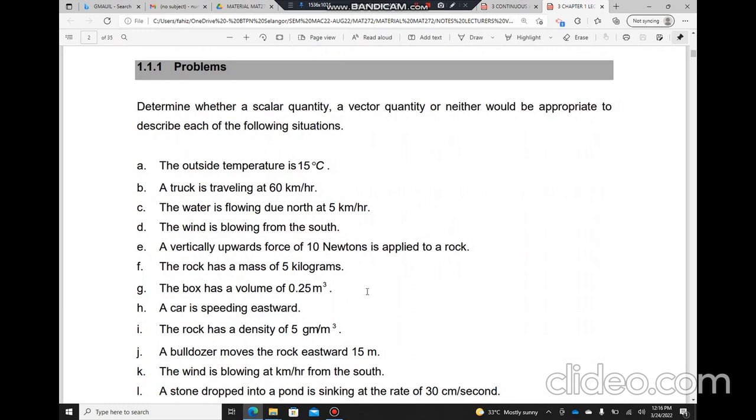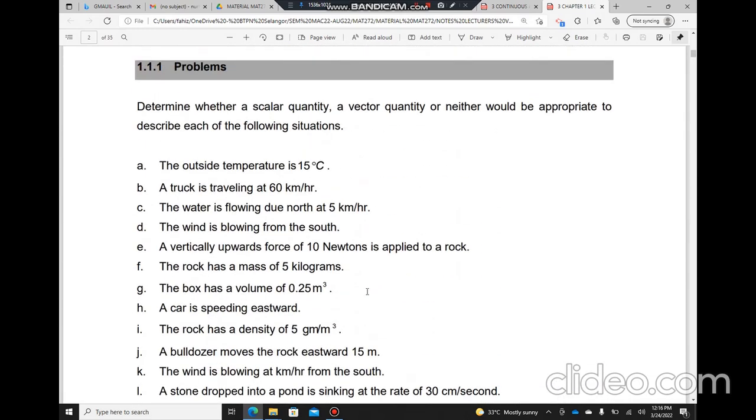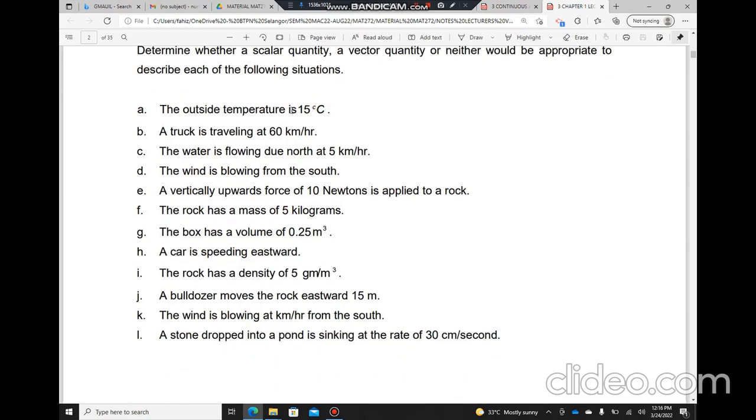Determine whether a scalar quantity, a vector quantity or neither would be appropriate to describe each of the following situations. So yang ni kita boleh tentukan either scalar or vector. The outside temperature is 15 degrees Celsius. Okay, so this one, dia tak ada direction.